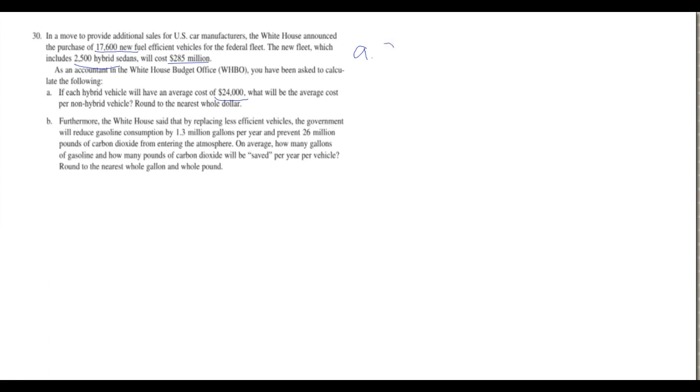So 285 million. Okay, and we're going to subtract the cost of the hybrids. So there's 2,500 hybrids. Oops, 2,500.